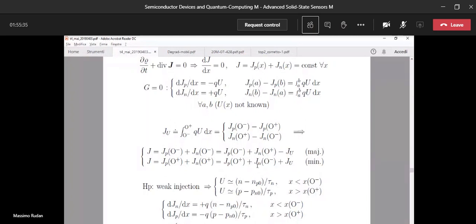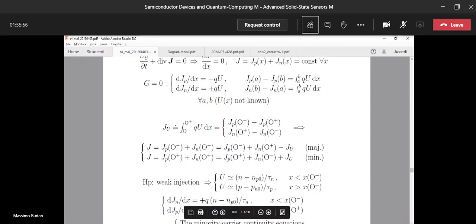Now the trick is clear, okay? We simply go on the other side, we go to the neutral region of the n-type, and using a similar analysis, we find Jp of O+. How do we do it?